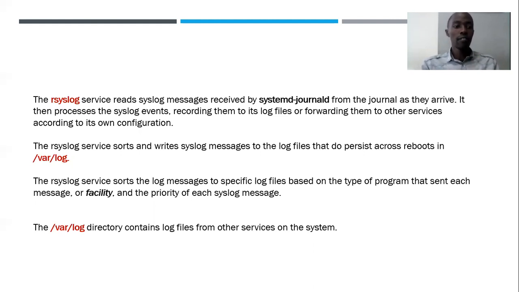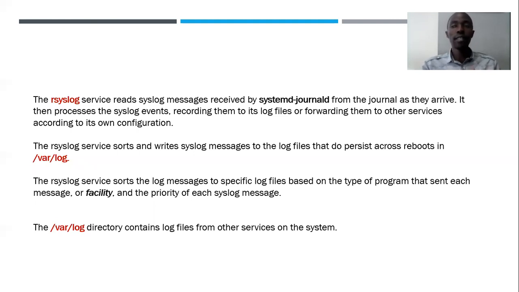The rsyslog service sorts and writes syslog messages to the log files that do persist across reboots in /var/log. Now, the rsyslog service sorts the log messages to specific log files based on the type of program that sent each message, or facility, and the priority of each syslog message.